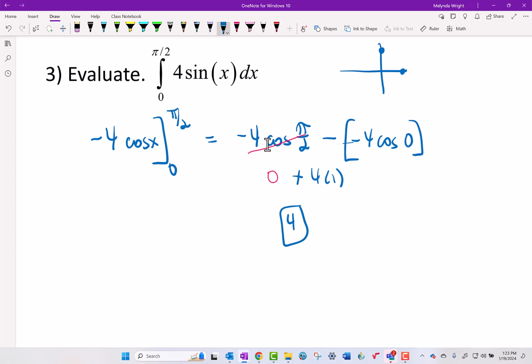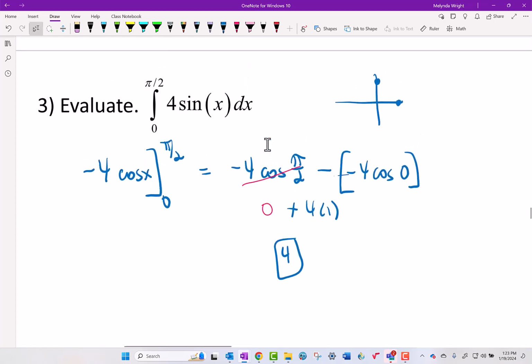What did we just do? I want to make sure we're clear. So if I draw a picture of 4 sine, remember, oh goodness, I love trig so much. Okay, I know I'm a weirdo. It's okay. So this would be pi, right?